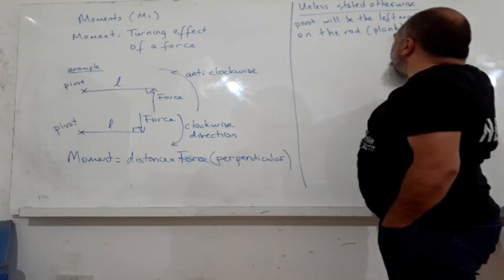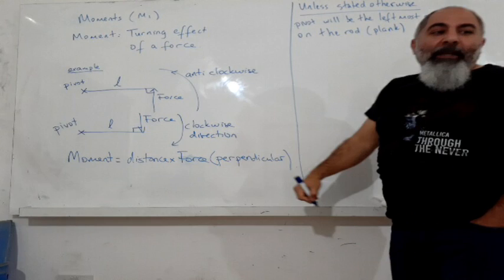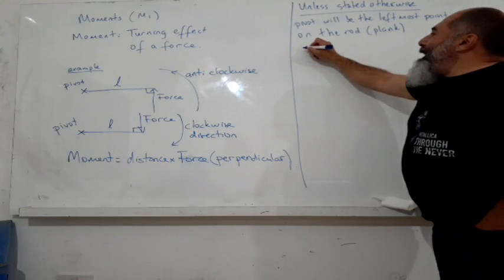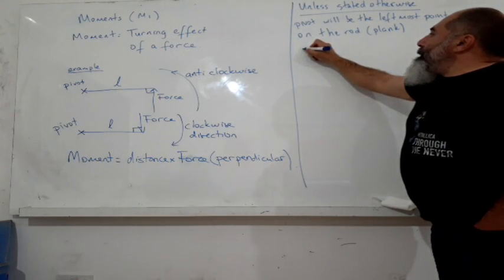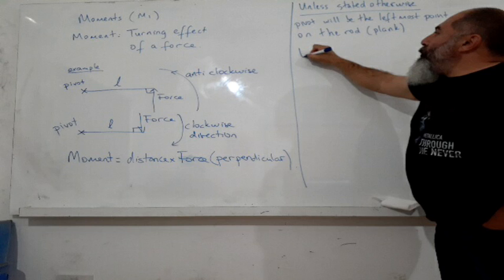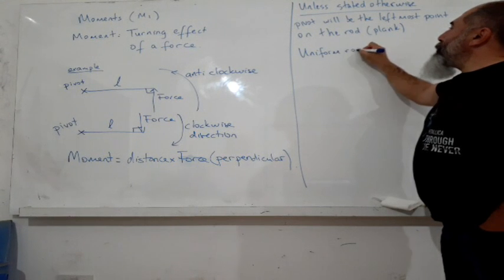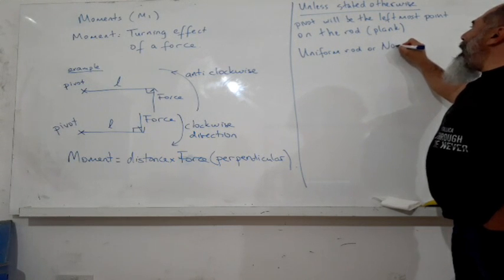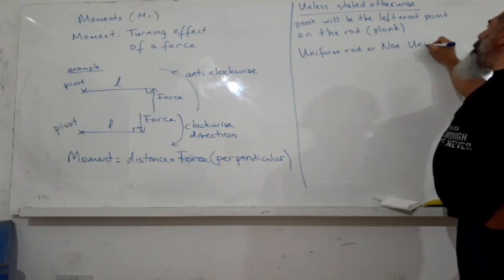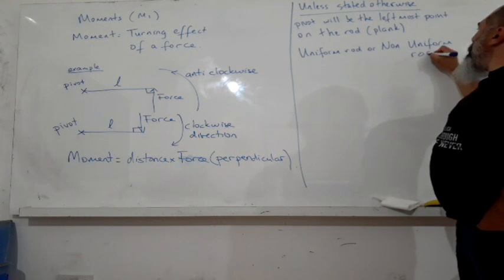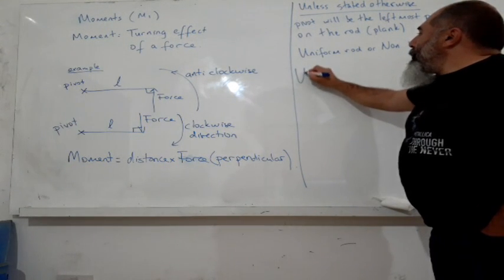In M1, we have two types of rods or planks. Uniform rod or non-uniform rod. What is uniform rod?